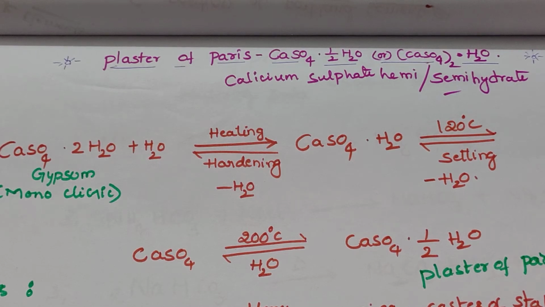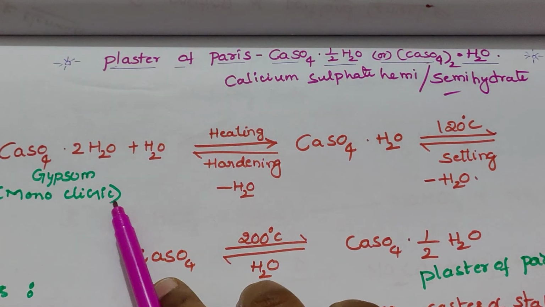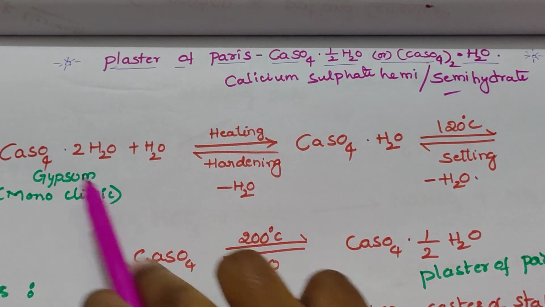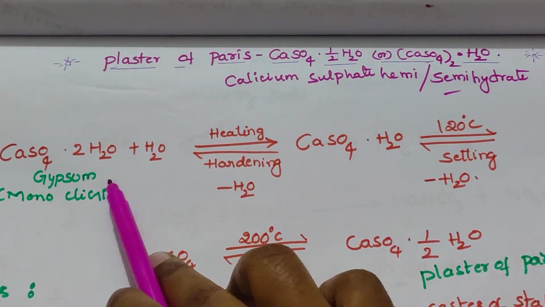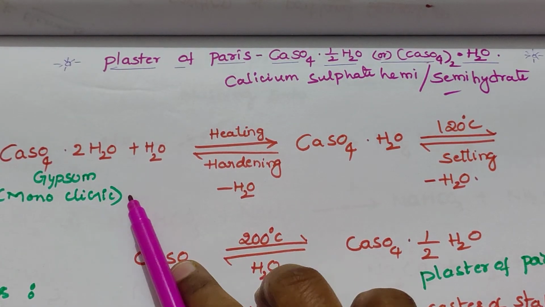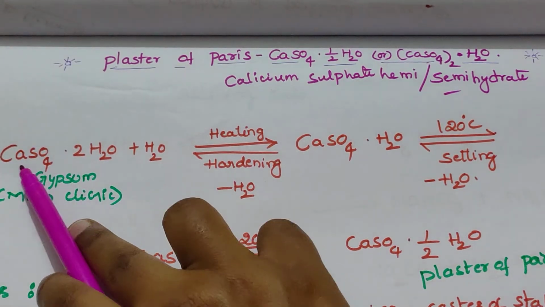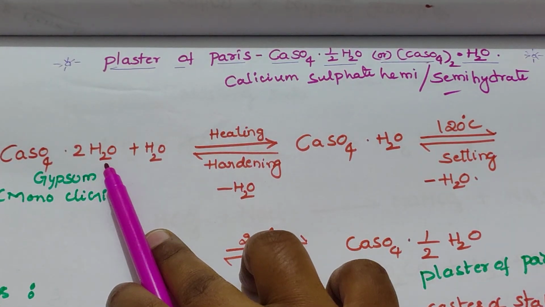This is the plaster of Paris preparation. First we take gypsum. The gypsum is in the form of monoclinic structure. The gypsum formula is CaSO4·2H2O.